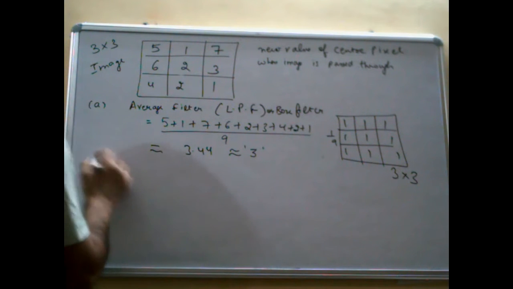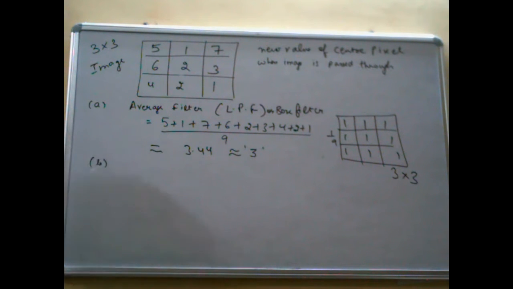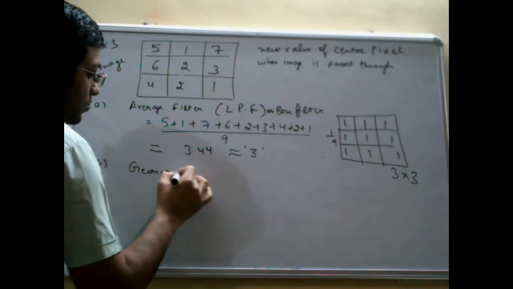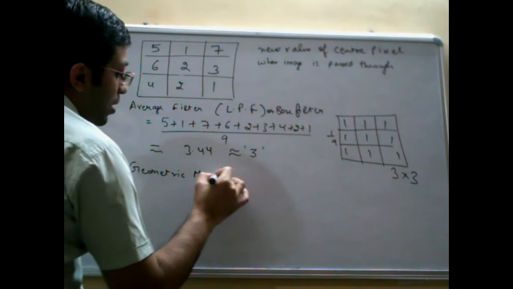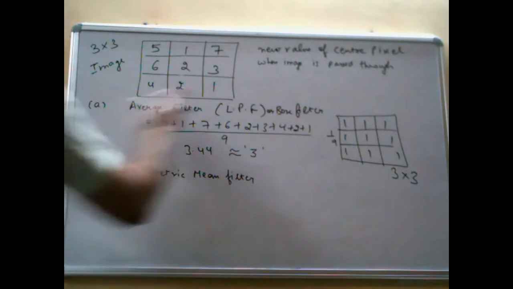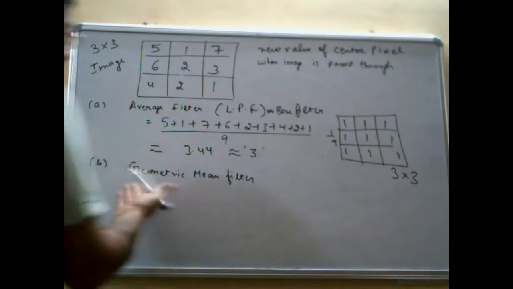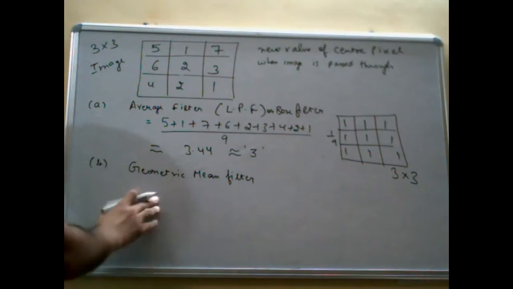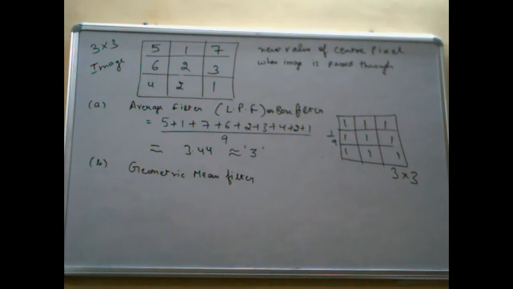Second part, if it is a geometric mean filter. So the average filter is the simple mean. This is the geometric mean. Geometric mean we used to do in geometric progression, GP and AP. So arithmetic mean is simply this. How will you find the geometric mean?